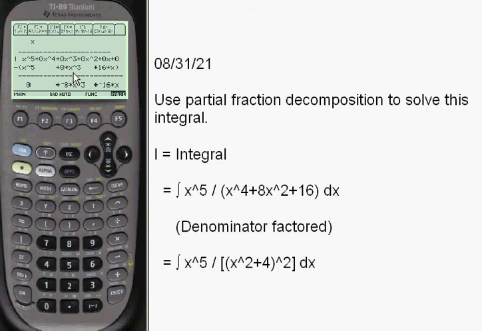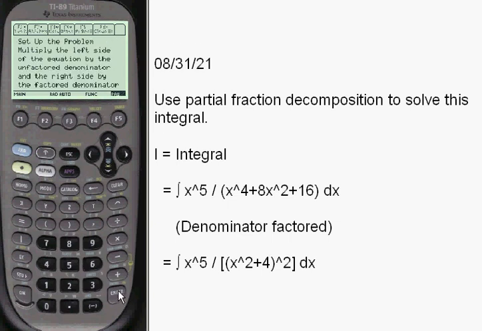We subtract that from here, and we come up with minus 8x^3 and minus 16x. Now, because the 8x^3 is lower in order than the x^4, this becomes the remainder. All right.